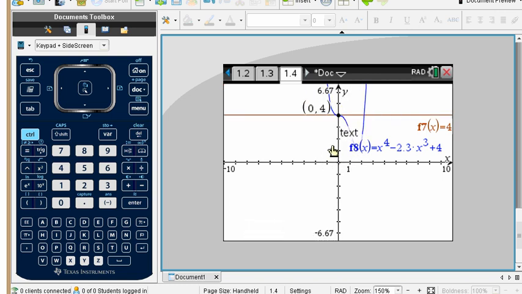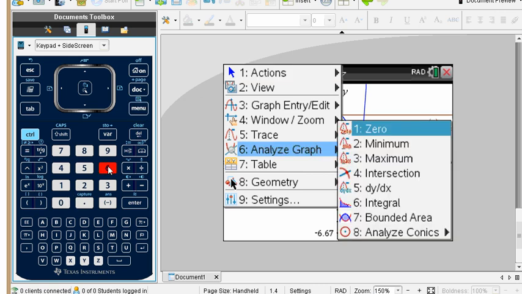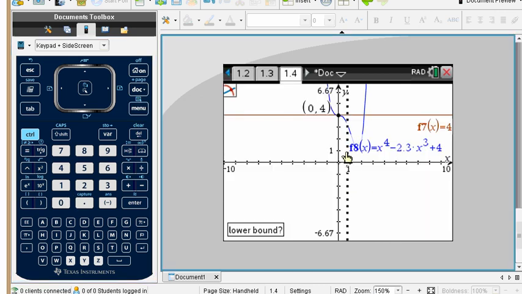We already pretty much figured what that was. The next one we have menu, analyze graph, intersection. We have the point 2.3, 4.